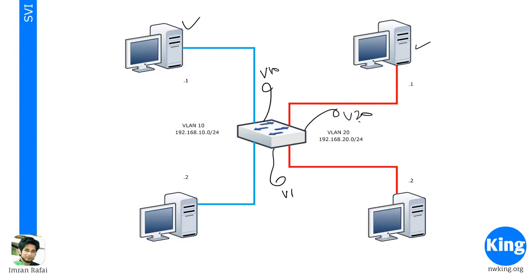So a switch virtual interface is a virtual interface given per VLAN, right? If you want VLAN 20 devices to access the switch remotely, you create a virtual interface for VLAN 20. Similarly, VLAN 10 devices, if they have to access the switch for management or whatever purpose, you need to give a virtual interface for VLAN 10, right?